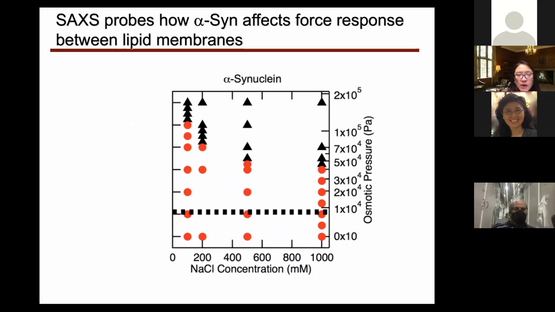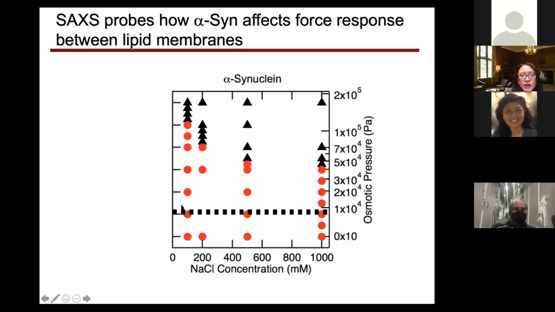So what is shown here is that we're putting osmolyte into the system to force the SSLB to experience this osmotic stress, so they would flock together. And also as a function of time of adding a salt.